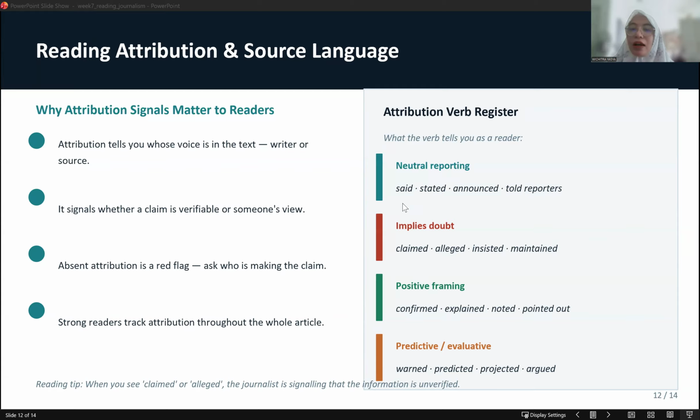And for predictive or evaluative, examples are warned, predicted, projected or argued. So when you see claimed or alleged, the journalist is signaling that the information is unverified. So maybe his source is not someone who can make verifiable claims.